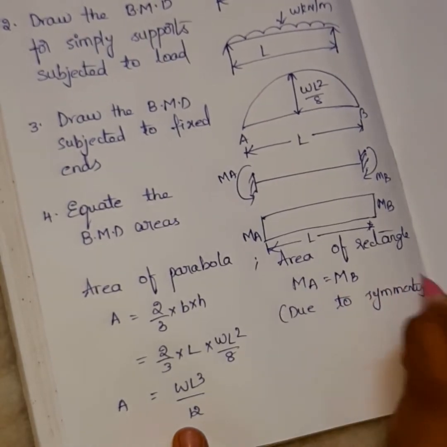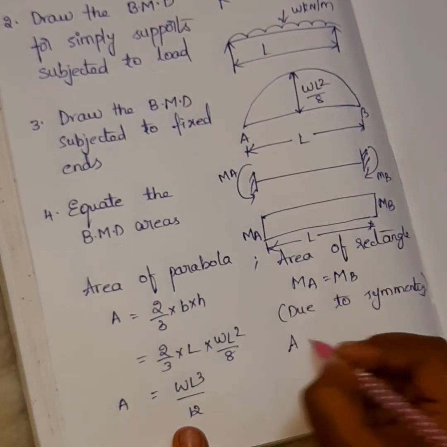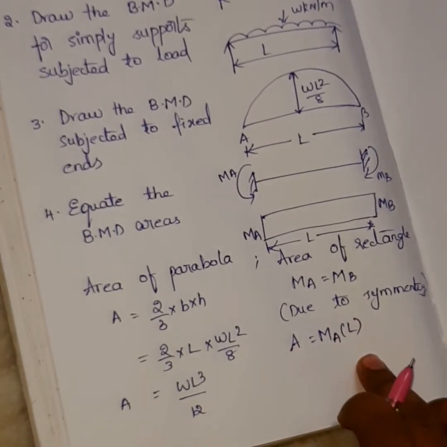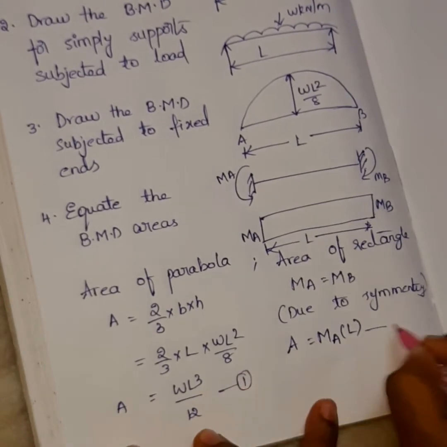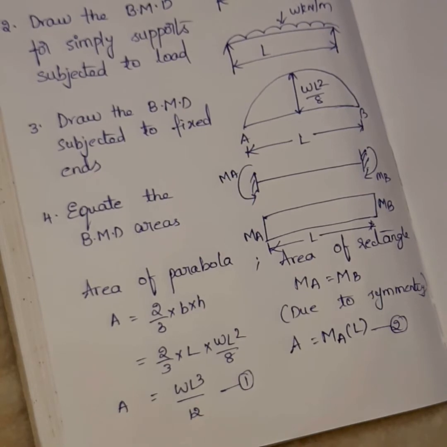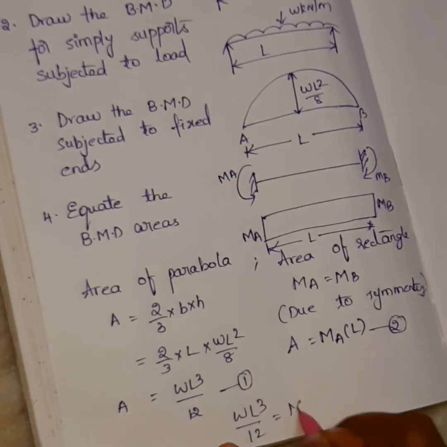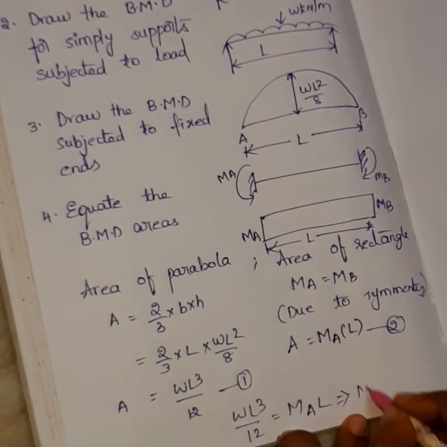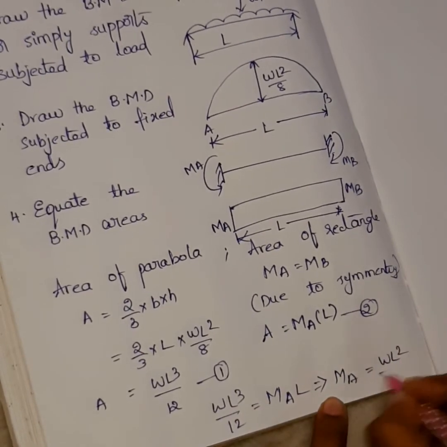Due to symmetry, MA is equal to MB, so the area is equal to MA into L. They are saying equate these bending moment diagrams, so I am equating. WL cube by 12 is equal to MA into L. So I will get MA equal to WL square by 12.